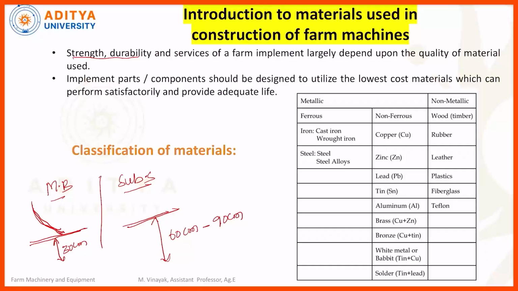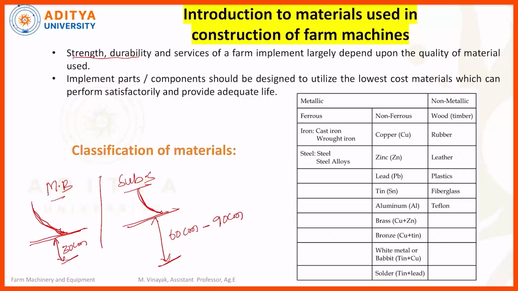Here this one is a moldboard share, and this one is the subsoiler soil-interacting element. Here strength is very important. In case of the moldboard plow, the operating depth is up to 30 centimeter only. In case of the subsoiler, the operating depth is 60 to 90 centimeter.